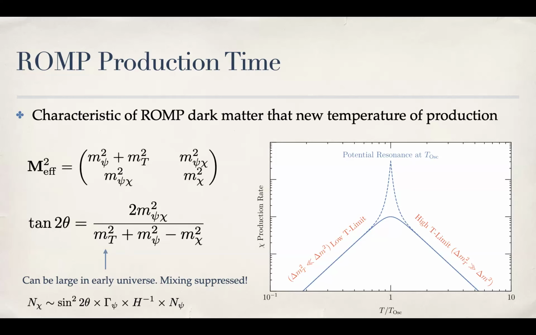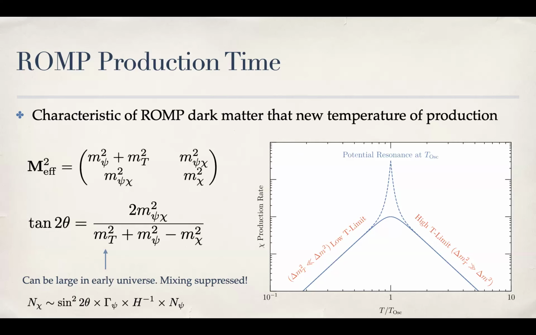As we've shown here, if this thermal mass squared piece is ginormous, this suppression can be huge compared to your scattering rate. If it has a very large temperature dependence, your number of χ becomes very IR dominated. So if this thermal mass suppression is a larger suppression in temperature compared to your scattering rate times 1 over Hubble, then your production is IR dominated, and you're producing more and more χ at lower and lower temperatures.